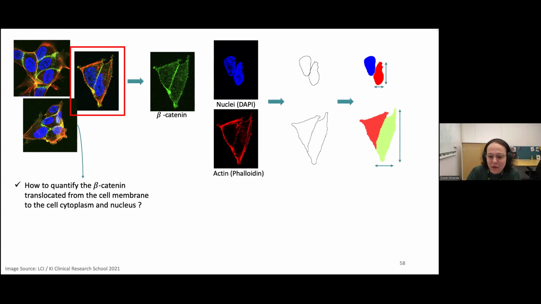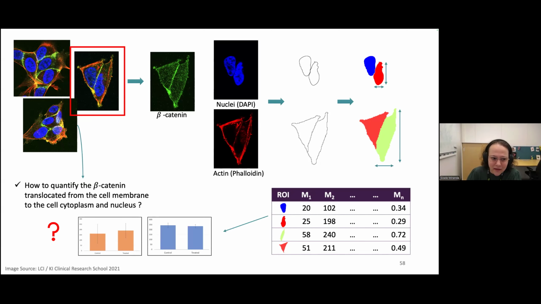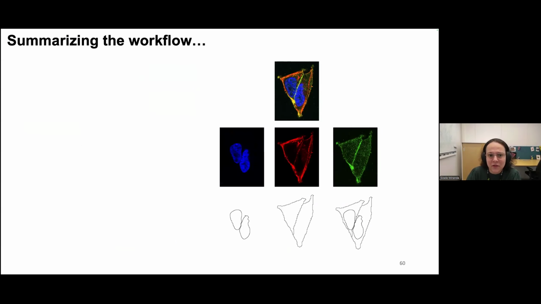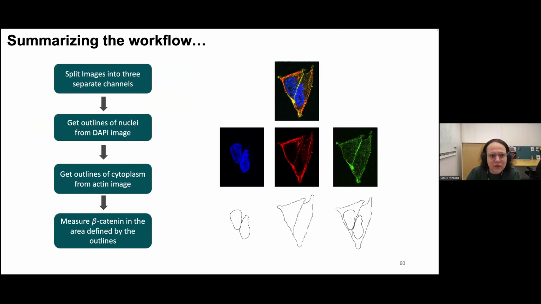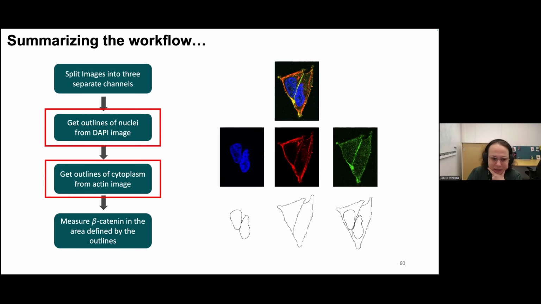Here we are able to quantify and compare: is the intensity different in each of these regions? So the workflow goes from splitting the images, getting the outlines of the nuclei from the DAPI image, getting the outlines of the cytoplasm from the actin image, and then measuring.